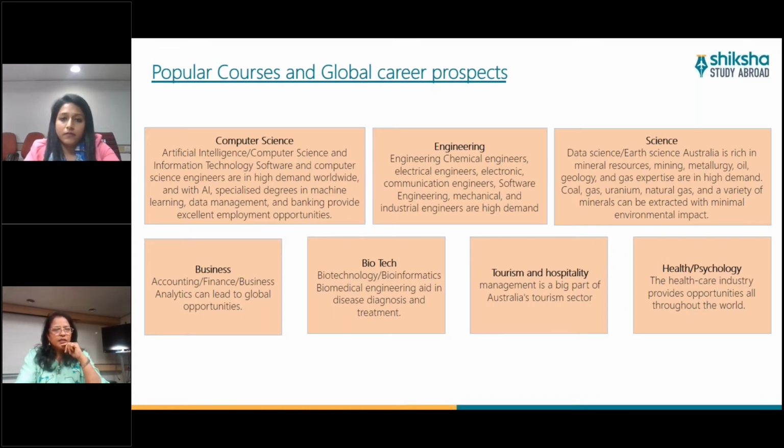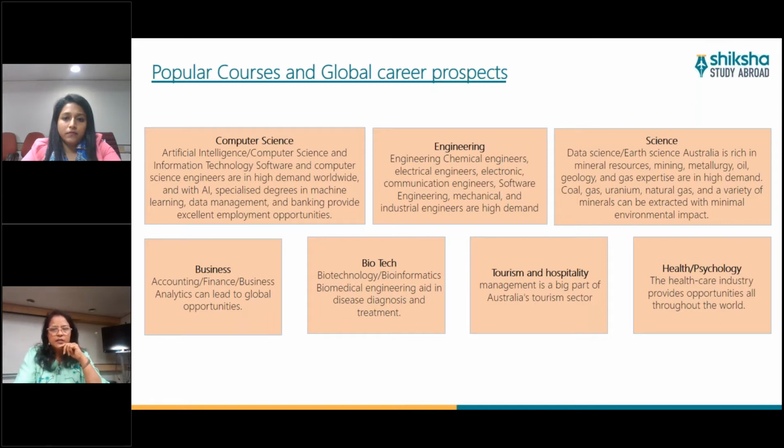With AI as a specialized degree, machine learning, data management and banking provide excellent opportunities across the globe. Engineers are always the backbone of any country with regard to development and growth, so engineers are global players. Engineering qualifications you can select include chemical, electrical, electronics, communication, software, mechanical and industrial engineering, which are in high demand.